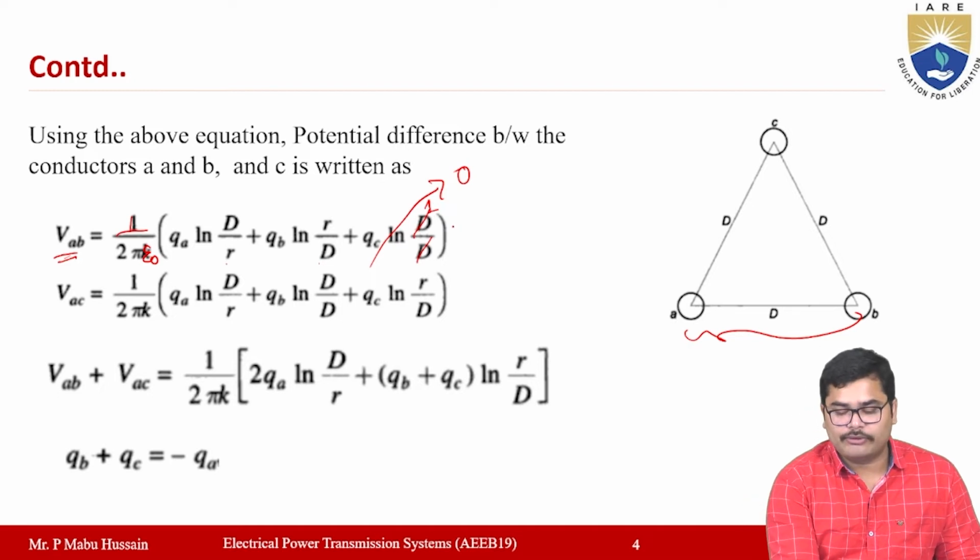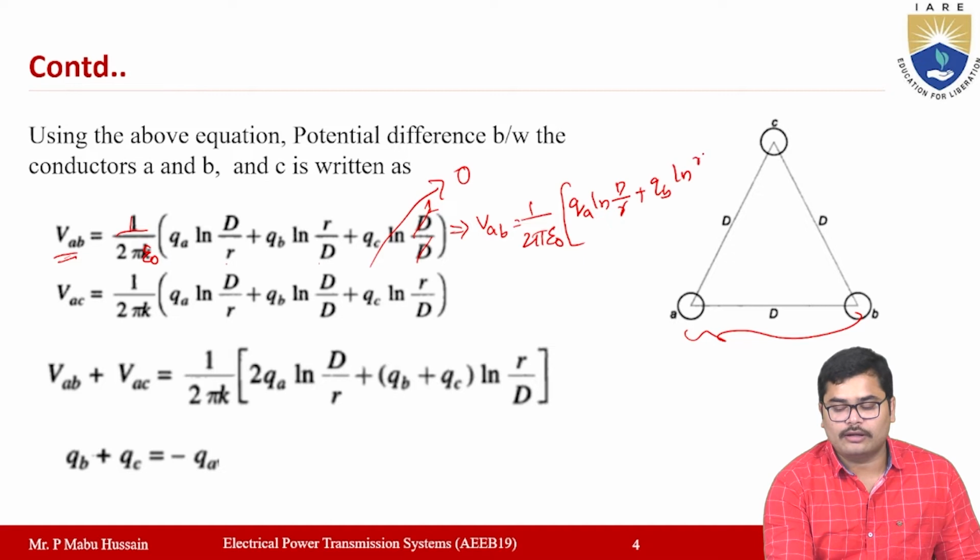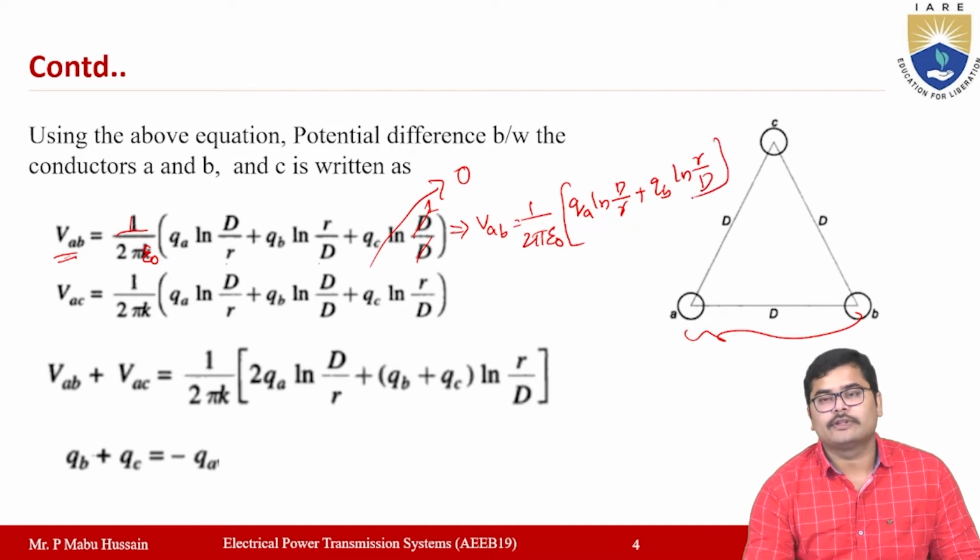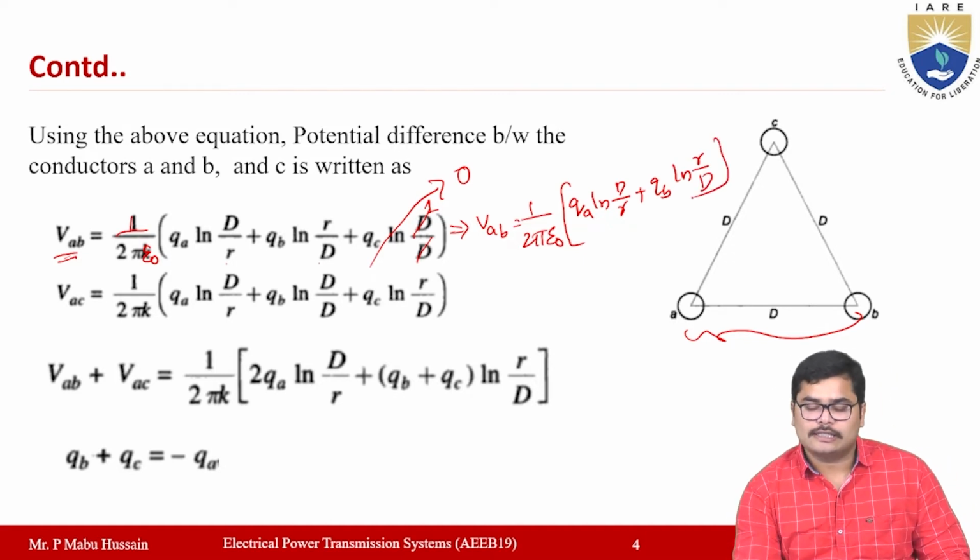So VAB is equal to 1 by 2 pi epsilon naught QA into ln D by R plus QB into ln R by D. Okay, so this is the potential difference between the conductors A and B.